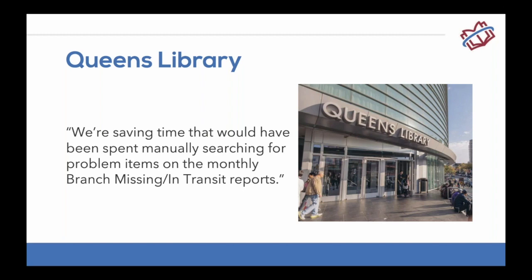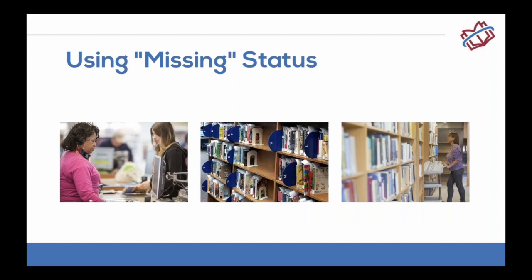An item may have been incorrectly routed, or it was misshelved by a helpful patron, or the call number on the spine doesn't match the call number on the catalog, or the item left the library without being checked out. In any case, the missing status becomes a friend instead of a nagging to-do list.